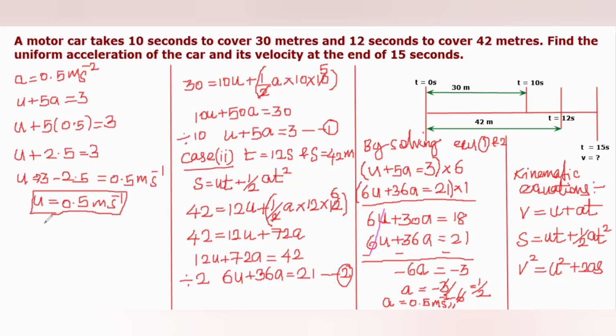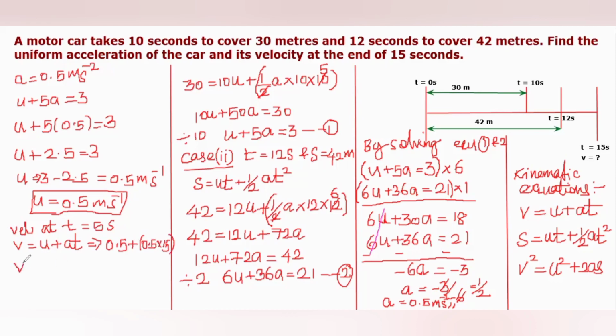So velocity at t equal to 15 seconds. Just write the first equation, v equal to u plus at. Substitute the values. u we got 0.5 meter second power minus 1, that is the initial velocity. Acceleration we calculated 0.5, multiplied with t equal to 15 seconds.